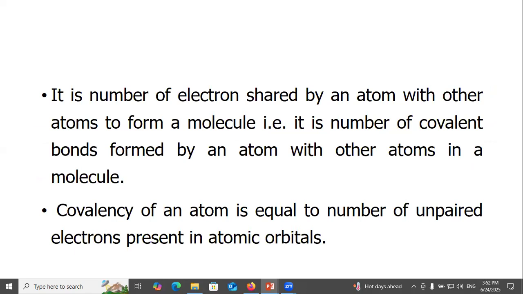That is, it is the number of covalent bonds formed by an atom with other atoms in a molecule. Covalency of an atom is equal to the number of unpaired electrons present in atomic orbitals.